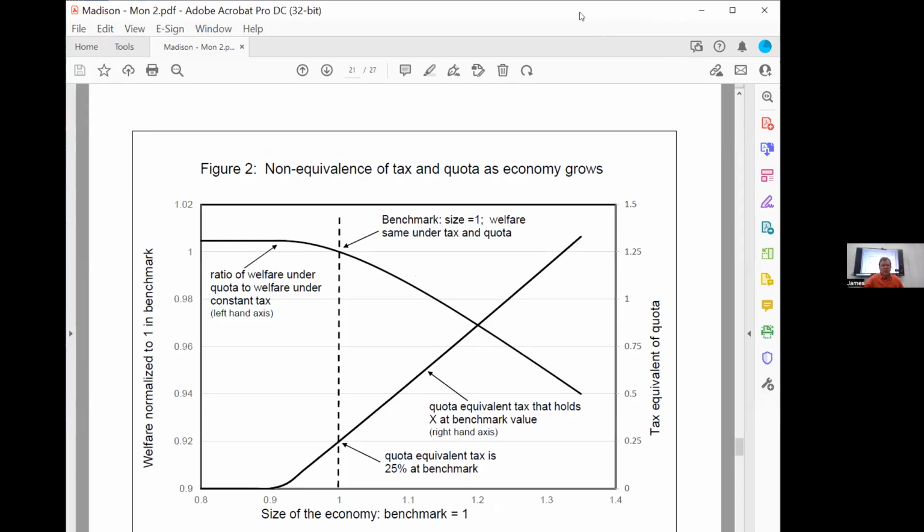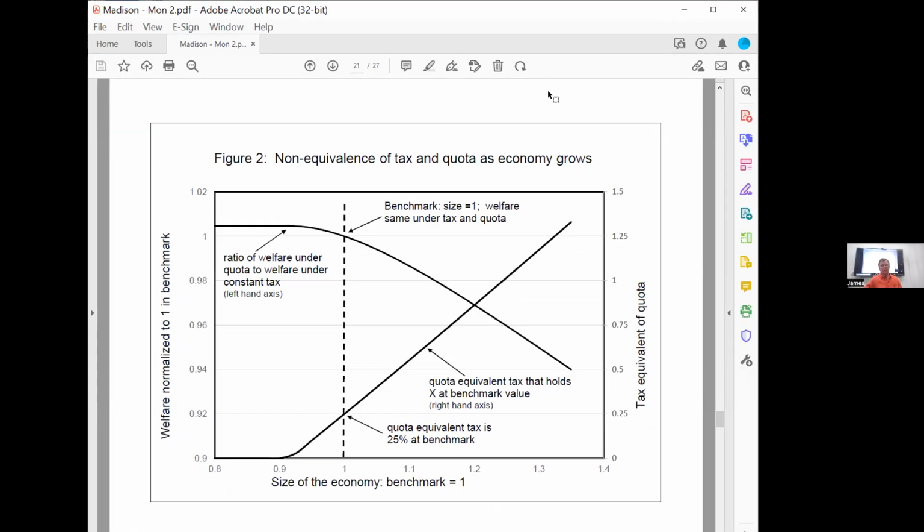So in this case, the horizontal axis is the size of the economy. The benchmark is equal to 1. And welfare is, again, I normalize it this time. I think I normalized it in the Excel sheet to 1 initially. So this point right here where the dotted line is the benchmark size of the economy.